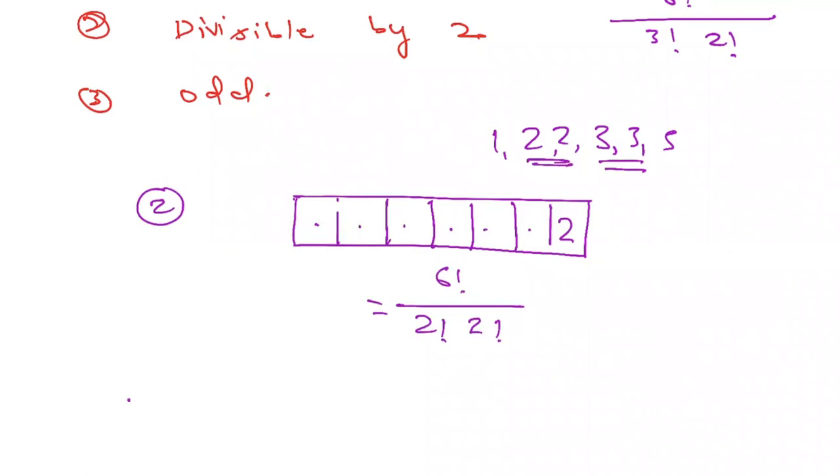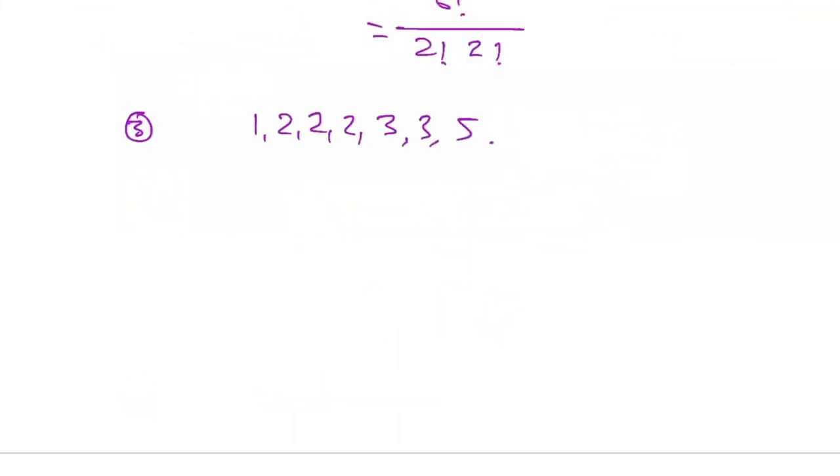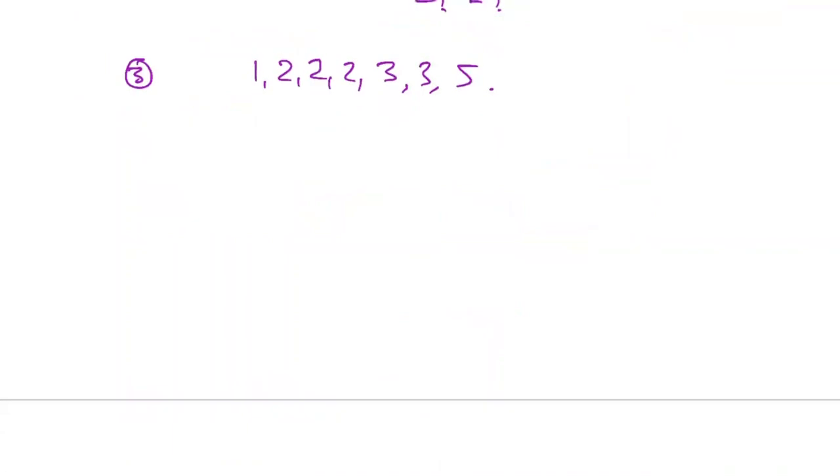When we have to go for the odd numbers, right? This is 1, 2, 2, 2, 3, 3, and 5. 7-digit odd number with the digits 1, 2, 2, 2, 3, 3, 5. In how many ways can we write down the numbers, right?